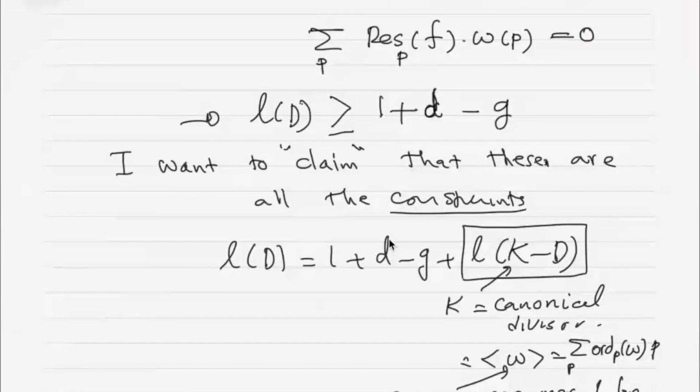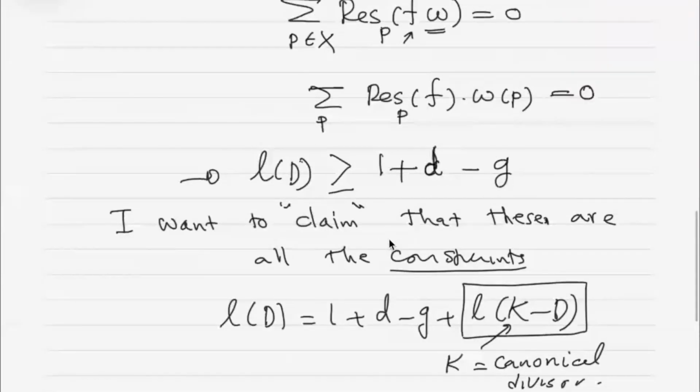Roch proved it in a more precise way using the canonical divisor. And the reason is, you see, not all these equations are essential.